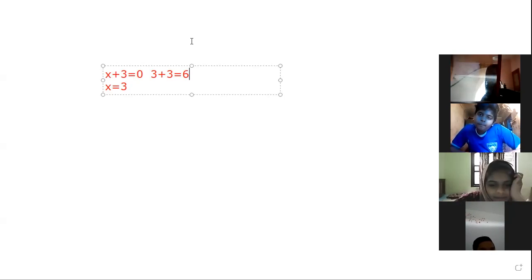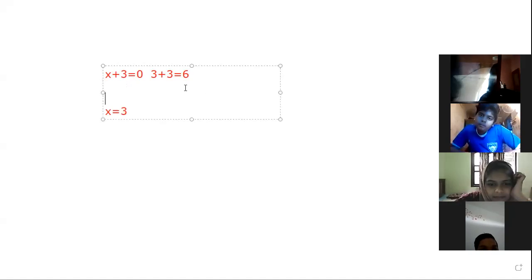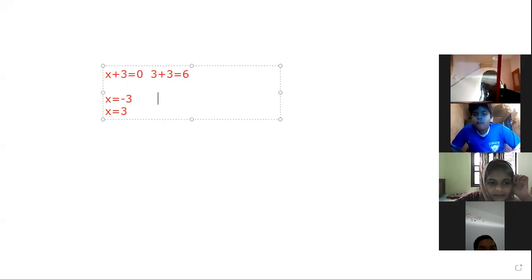Then what about x equal to minus 3? I am just choosing x equal to minus 3. Then what happens? Minus 3 plus 3. What is the sum of minus 3 and plus 3? It's equal to 0.